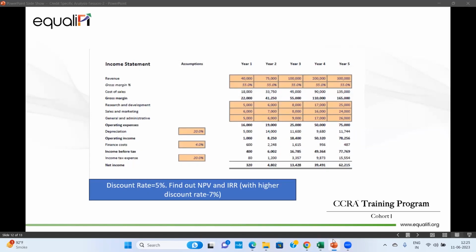What's the answer, guys? It's 5.09% for Bharat. What about others?